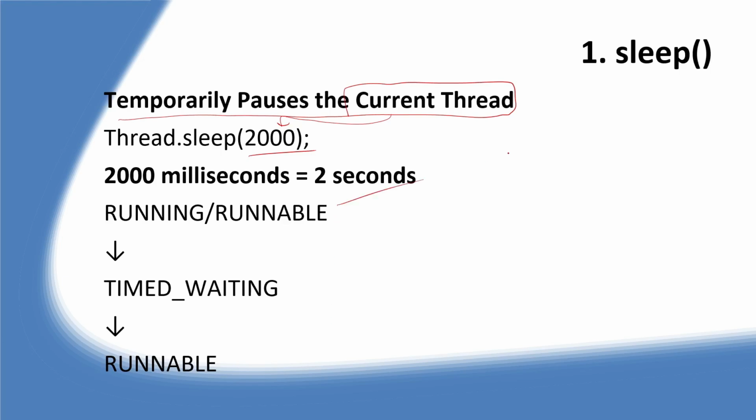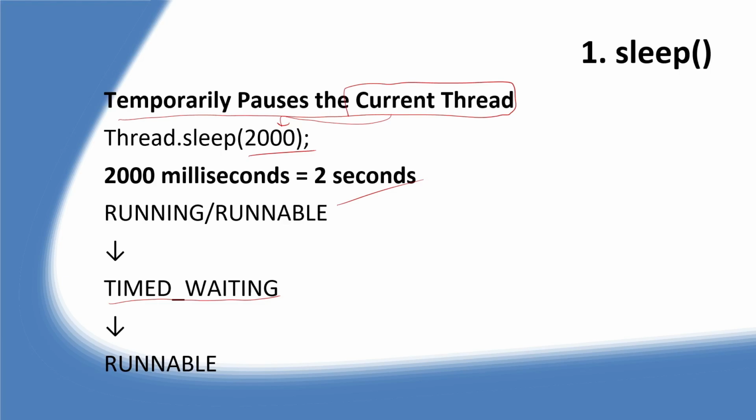While sleeping, the thread enters the timed waiting state, since we are providing the time, which we discussed in the previous video. After the sleep duration expires, the thread becomes eligible to run again.